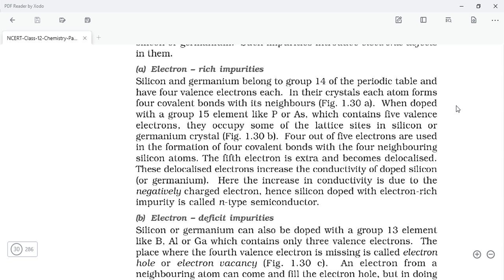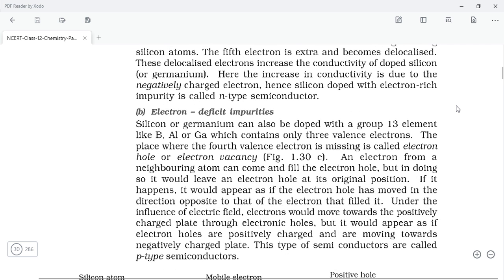The substance is impure by the presence of another atom, but it is electrically more rich, or it has more electrons than the original compound. So it is called electron rich impurities.